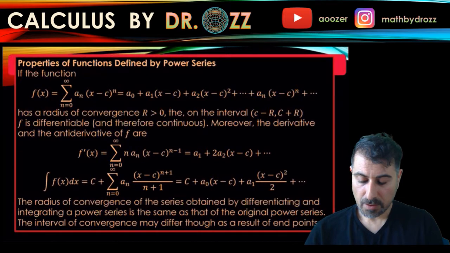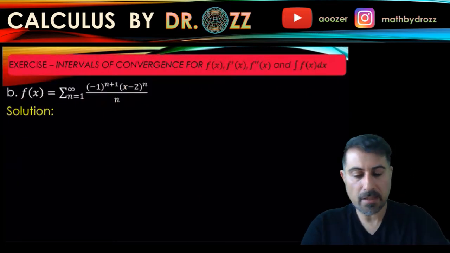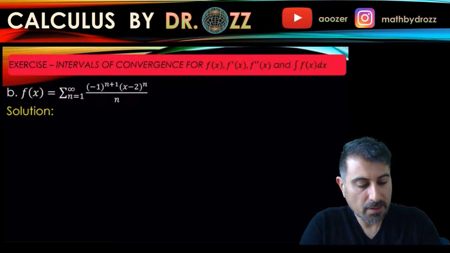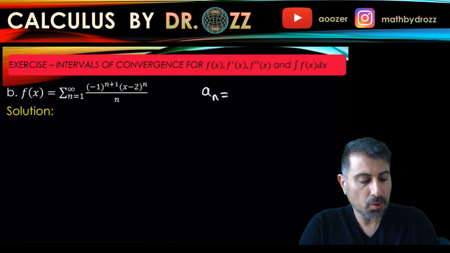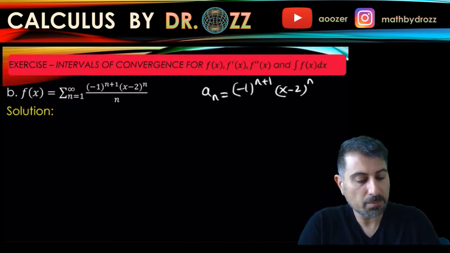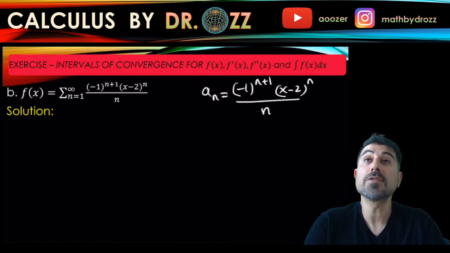Okay, so for that reason, I'm going to analyze the series for a_n equals this whole chunk here, and I'm going to try to apply the ratio test.